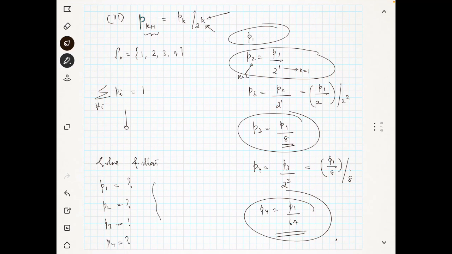After that, follow the same procedure. I am not going to solve this completely. So I hope this problem is very clear to you. Okay, so we will see the next problem.